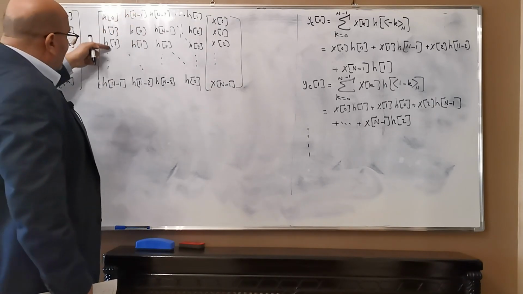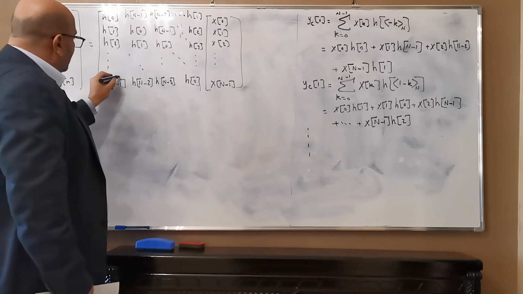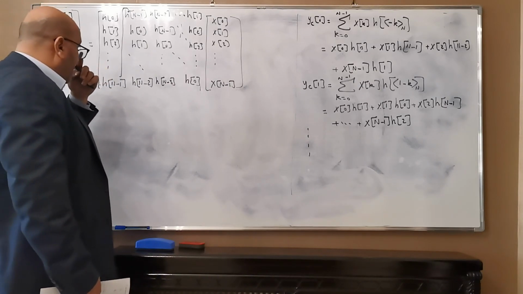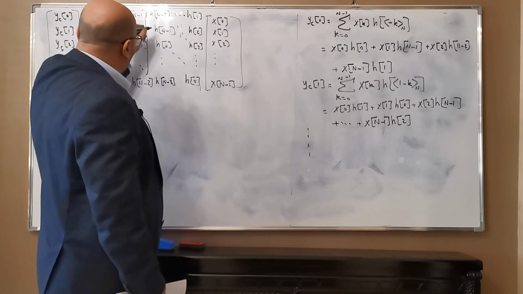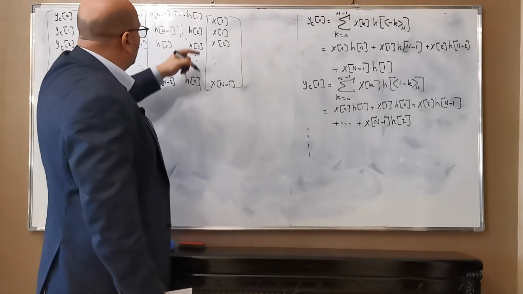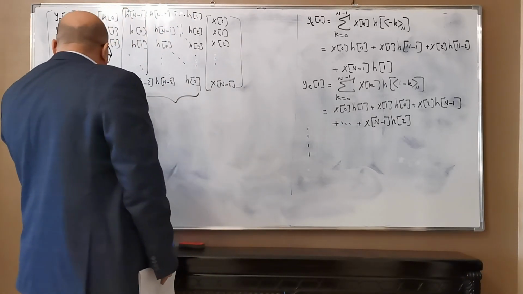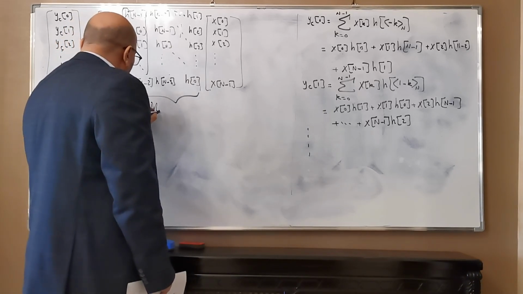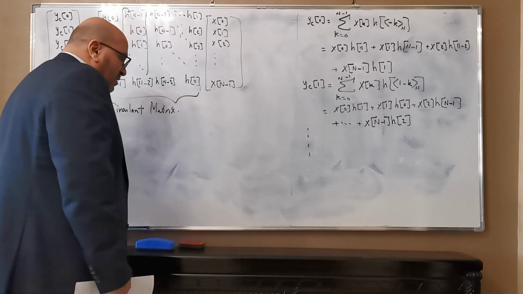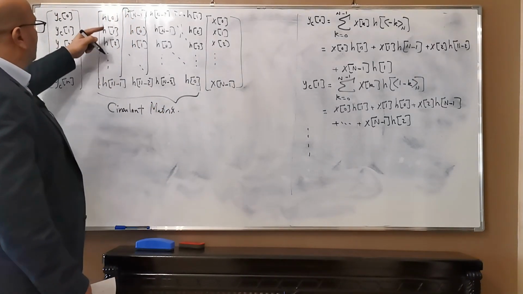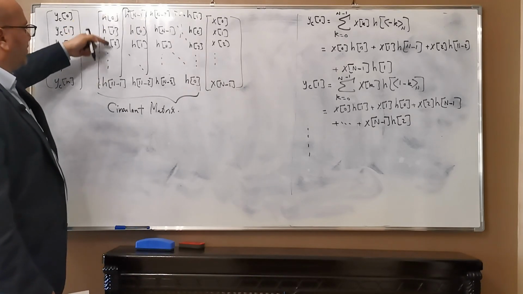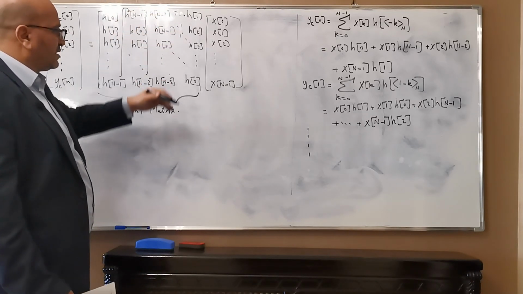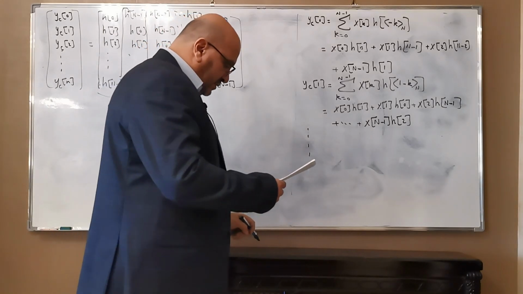The second column is the same, but taking the last element and putting it up top, and the other elements go down. This is called a circulant matrix. A circulant matrix is a matrix constructed from one vector by taking the last element and moving it up, like circulating the elements.